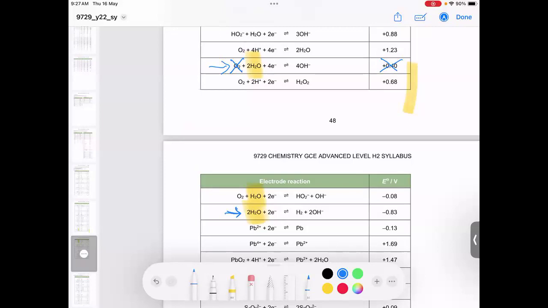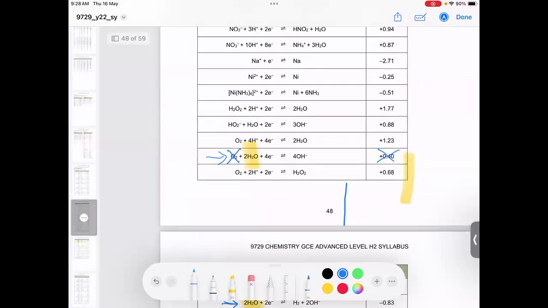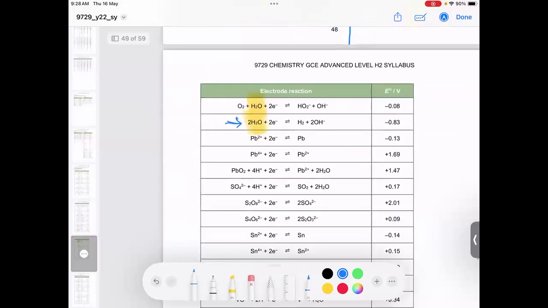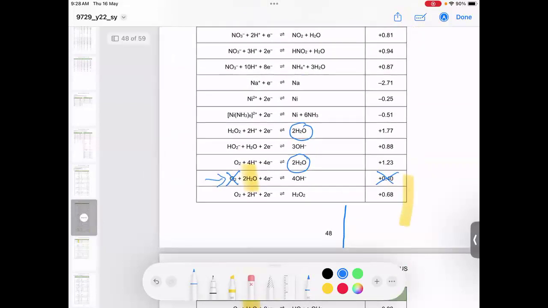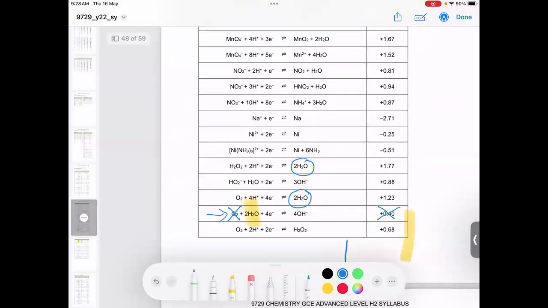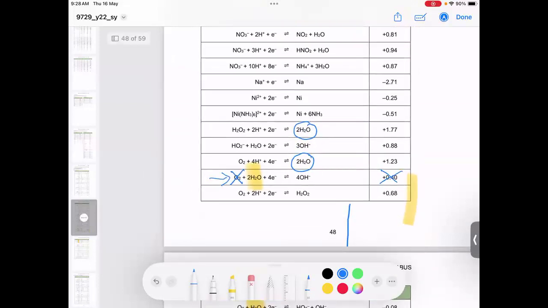If you're talking about water at the anode, you need to look for water on the right side, because the anode is where oxidation takes place. If you look at water, there is this here, this, and is there anywhere else? Nowhere else.